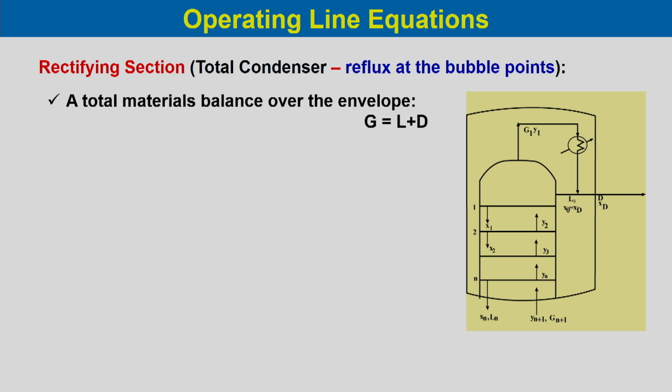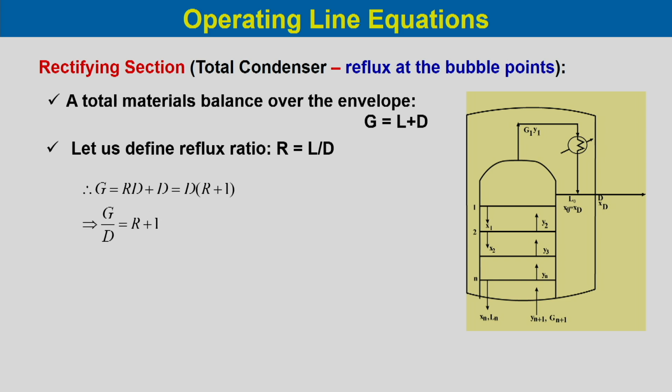Now, a total material balance over the envelope we can write is G equal to L plus D, and let us define the reflux ratio R equal to L by D. So, L is equal to RD.